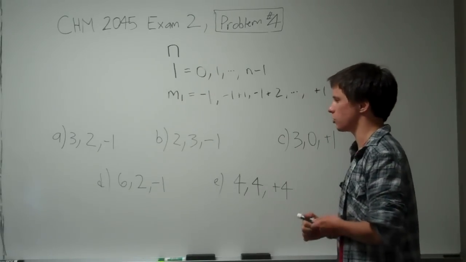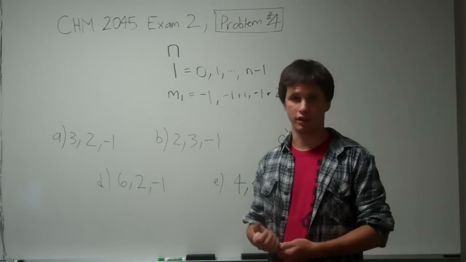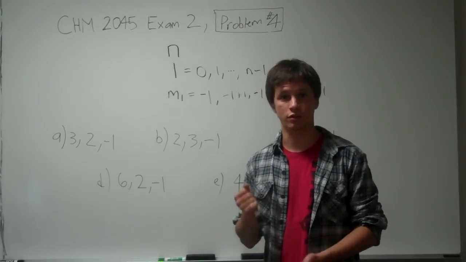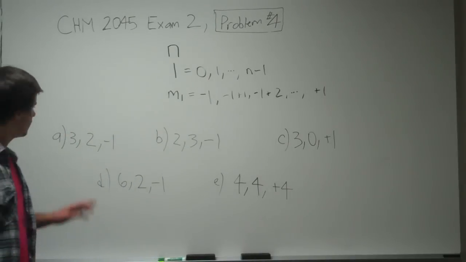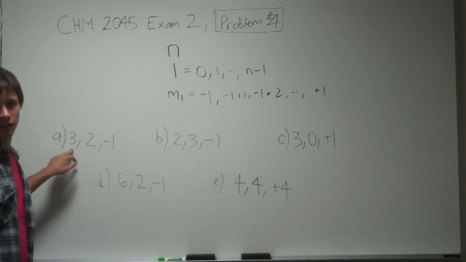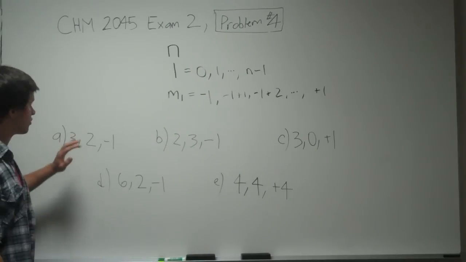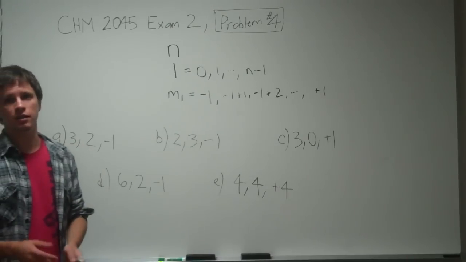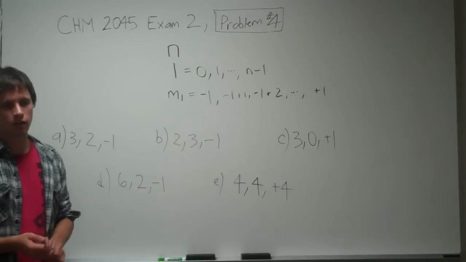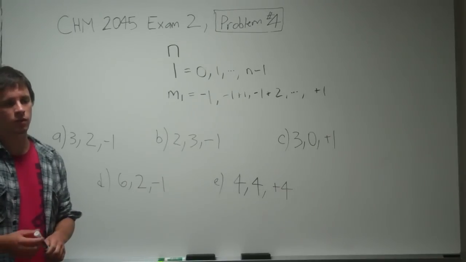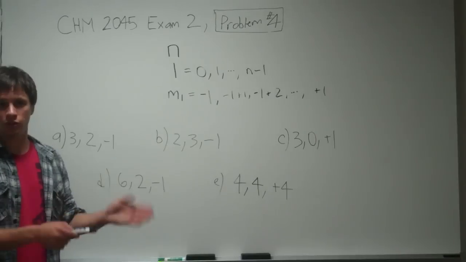Okay? So let's just examine the sets one by one, and then we can figure out which ones are allowed and which ones aren't. So this first one, the first number is n, which is 3 in this case. So what's n minus 1? 3 minus 1 is 2. So that means that l can be any integer from 0 to 2.